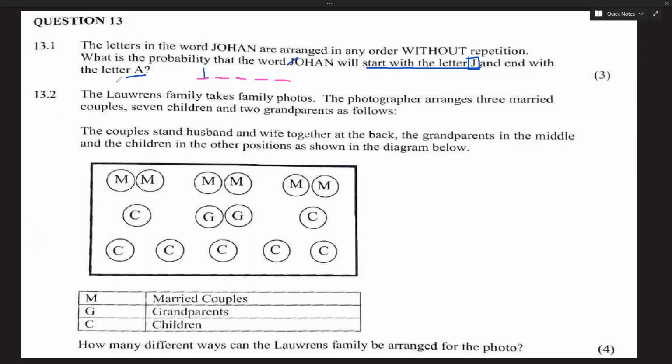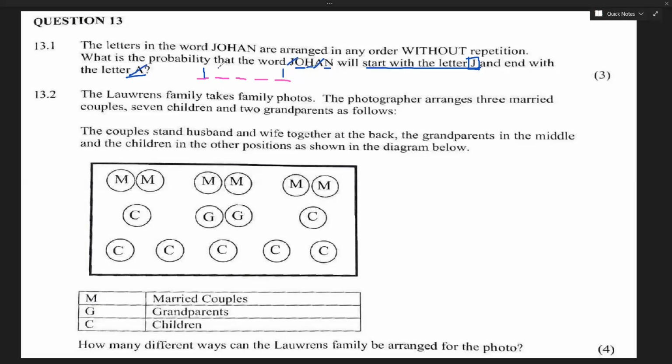And then you know the position of A, you cancel it there, you put 1. So the letters whose position is known are cancelled, and their positions you just put 1. So now I'm left with 1, 2, 3 letters, right?